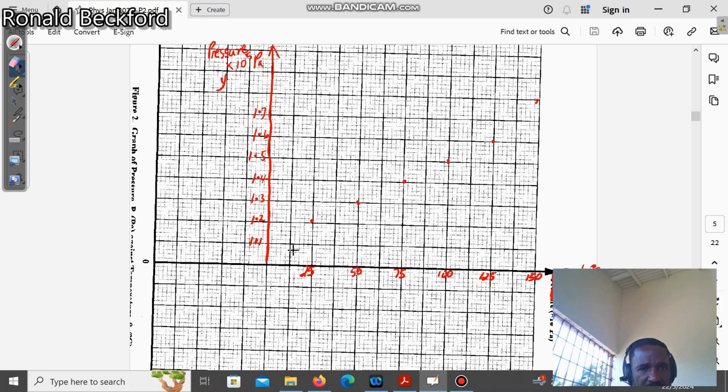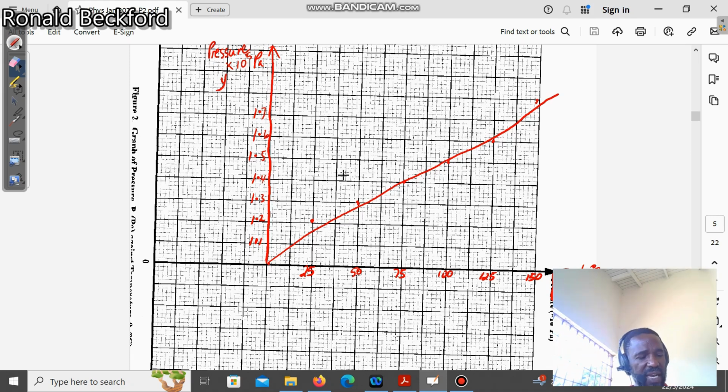In this case we are going to draw our line of best fit. Based on this information, we would have realized that the pressure increases directly with an increase in temperature. That's how we would have drawn this graph.